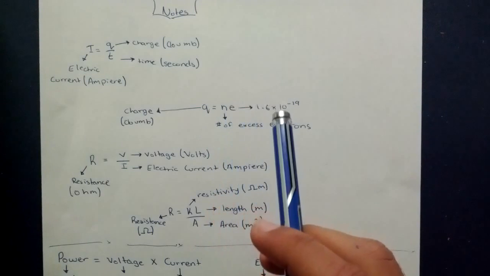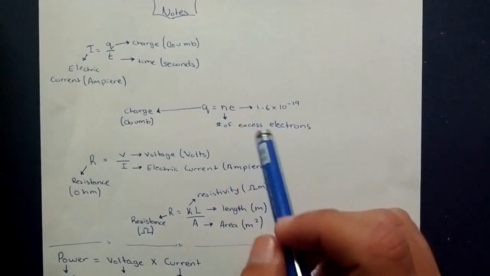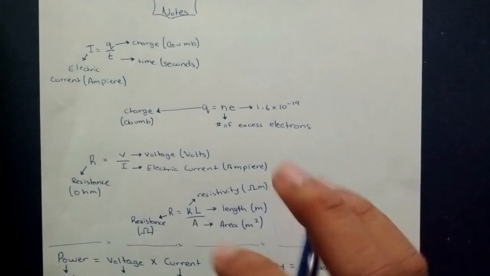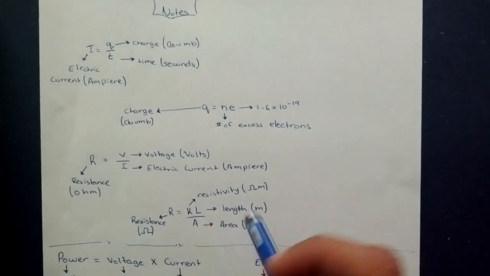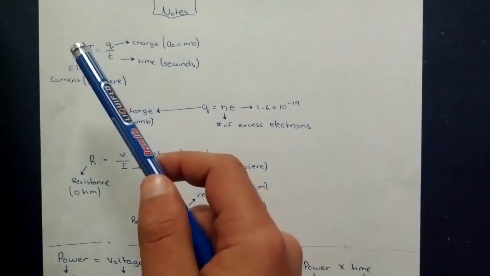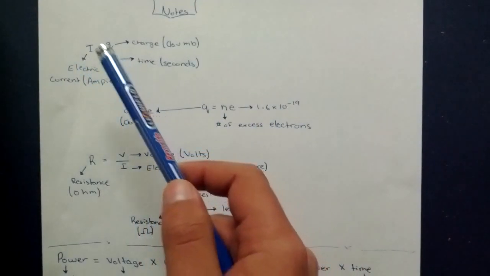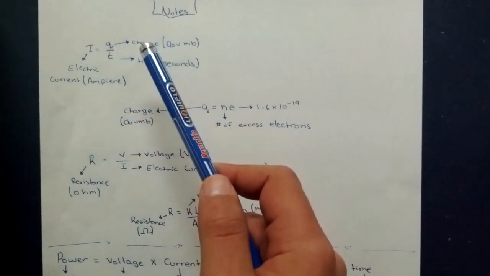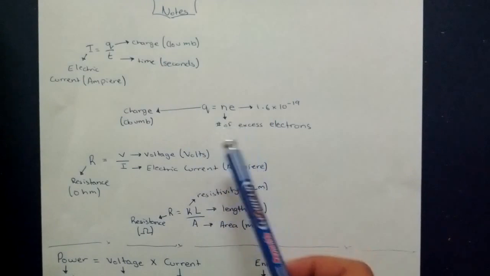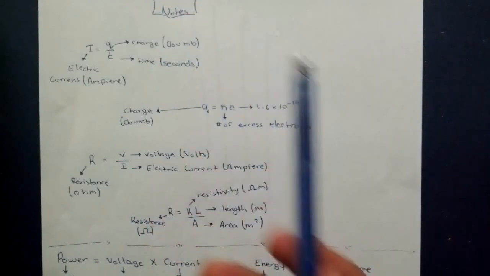And E is a constant, meaning that it's always going to stay 1.6 times 10 to the power negative 19. So that's the second formula. Most questions would give you the current and time. That way you have to find Q, and using that Q, the charge, you have to find N. So you see how they're related?